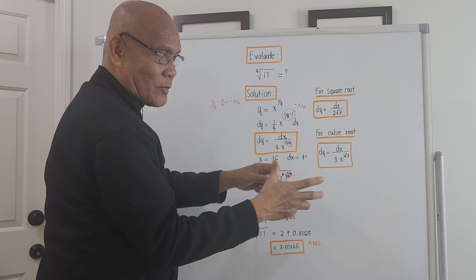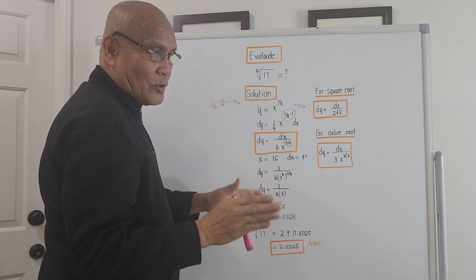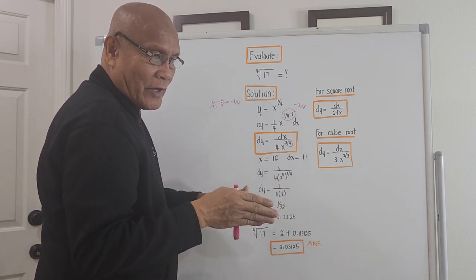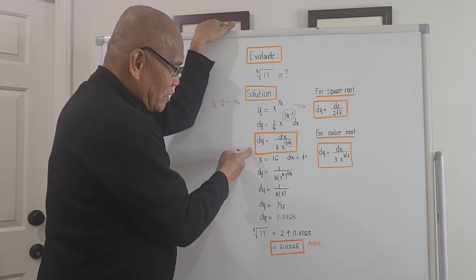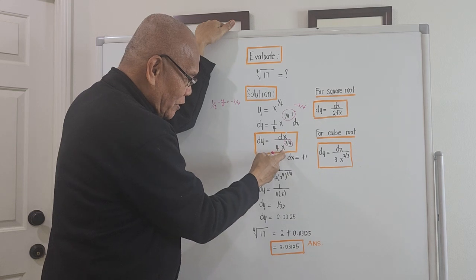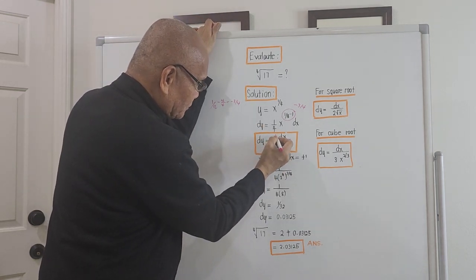We avoid negative exponent, so we put it down. So for any number in which the number is to be taken the fourth root, the increment in the fourth root, whether plus or minus, should be dy equal to dx over 4 times x raised to the 3/4. This is either plus or minus.